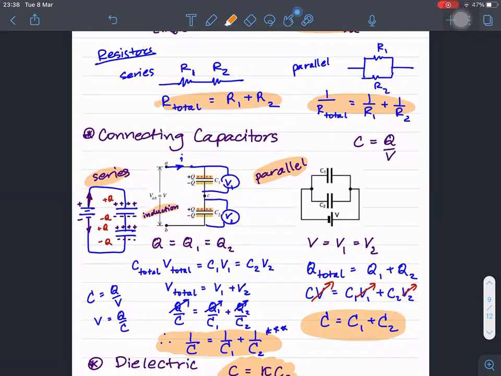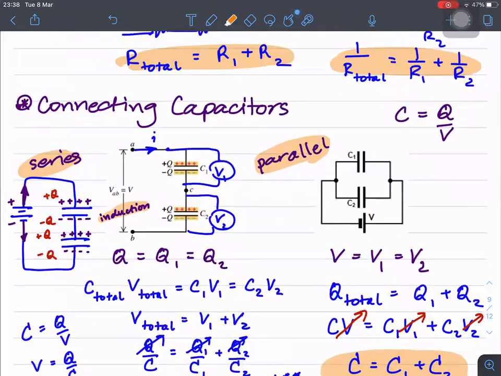And this makes sense because if you think about this plate as a system with area A, putting these in parallel is just about trying to increase the area of the system.